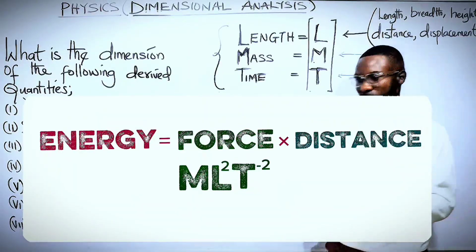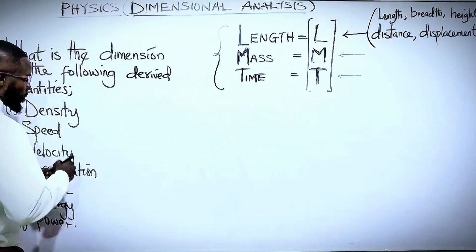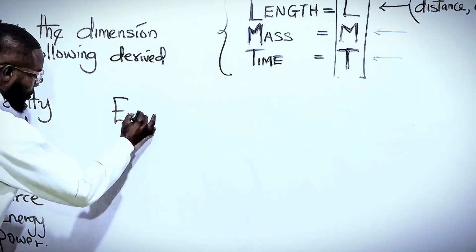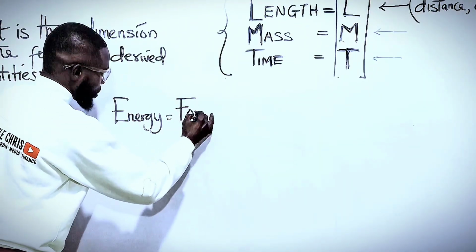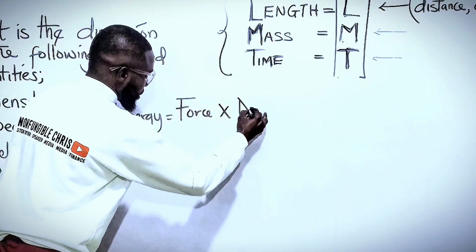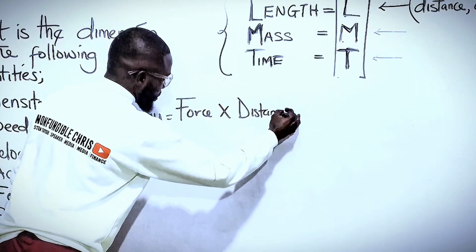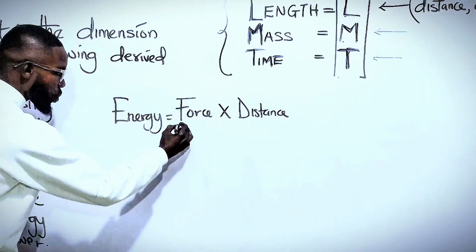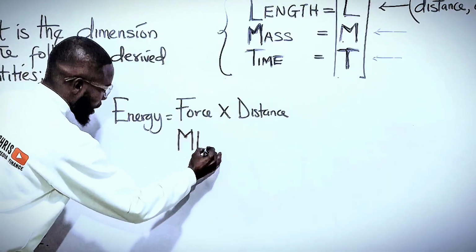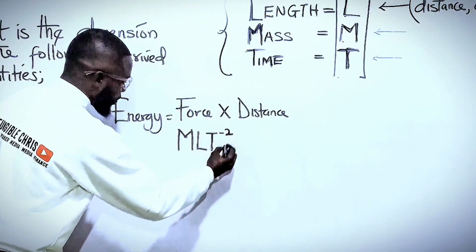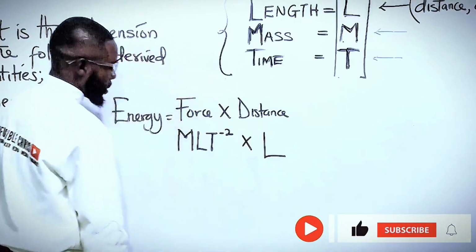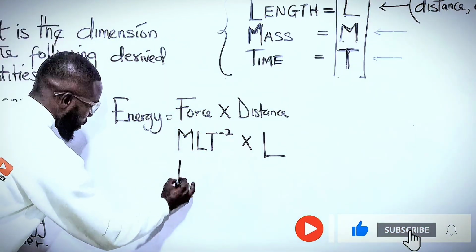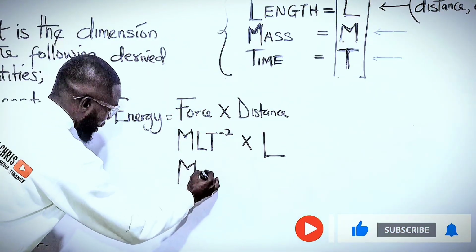Let's solve. In doing that, for energy, it is force times distance. Right? And force, we already have as mLT raised to the power of minus 2 times distance, which is also the length. If we multiply further, we're going to have m times what?